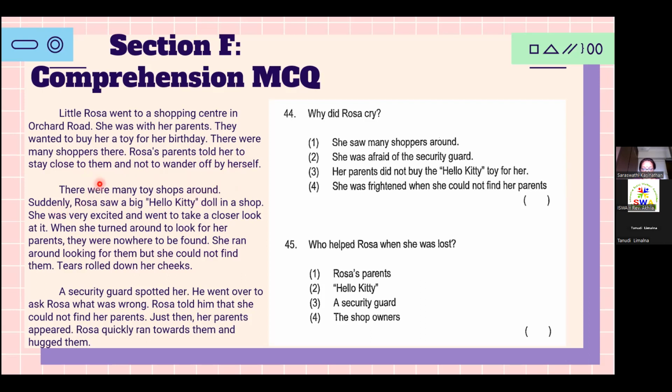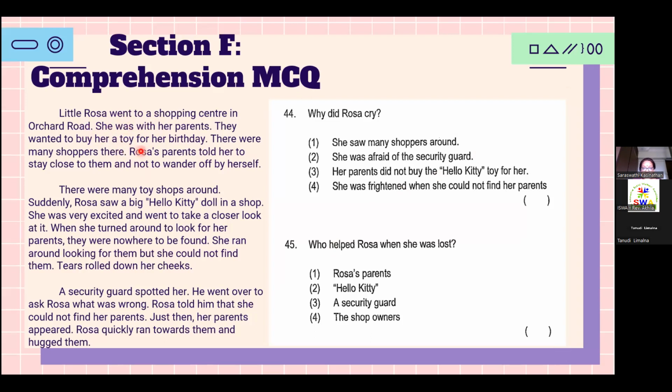Okay, well done. All right. Who read the passage? Who read the story here, the top part? Tanudi, okay.